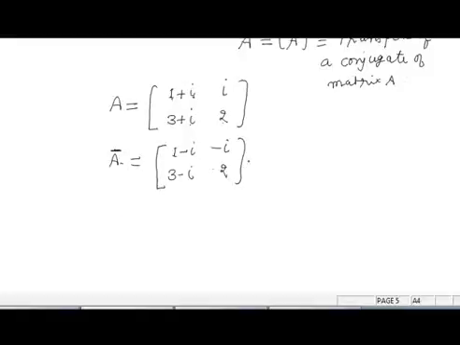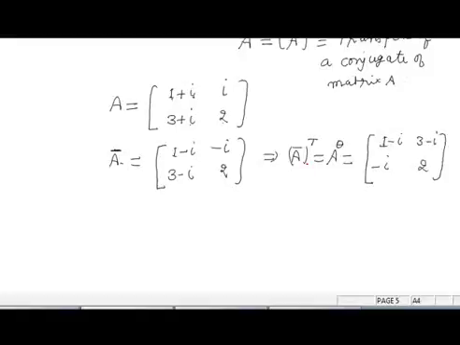And if I take the transpose of this, then I can call this A theta. So A theta is nothing but the transpose of this: 1 minus I, 3 minus I, and 2.